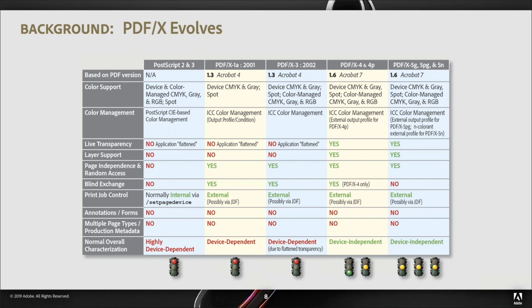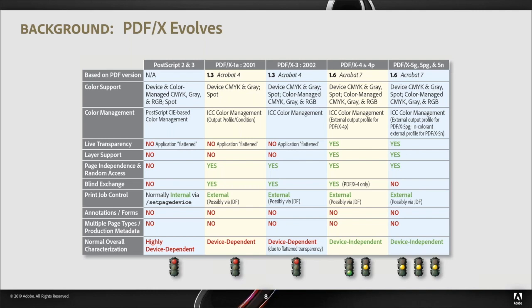You could specify a condition, which didn't necessarily mean anything. No transparency. If you had any in your source document, it had to be flattened, which had some real issues. No layer support, but it did have page independence, random access, blind exchange. The job control was external, etc.